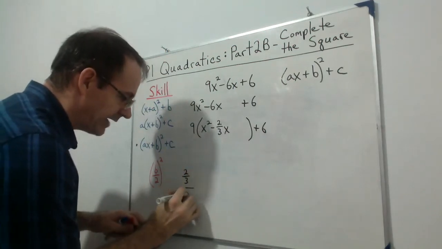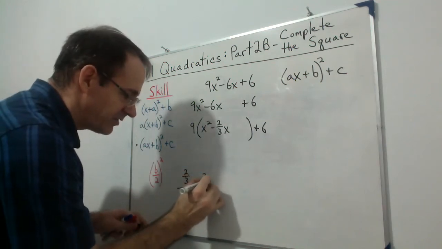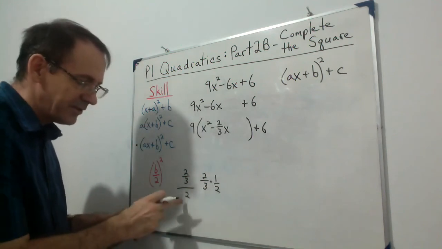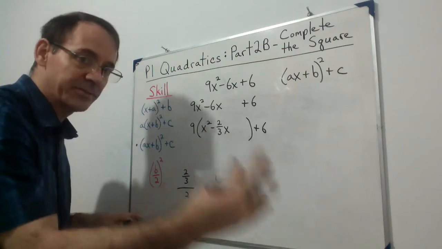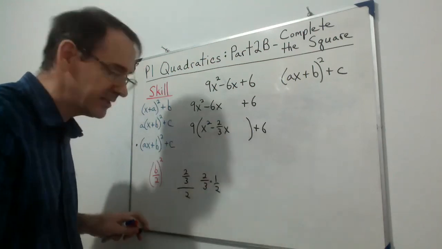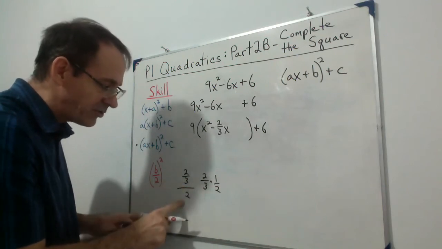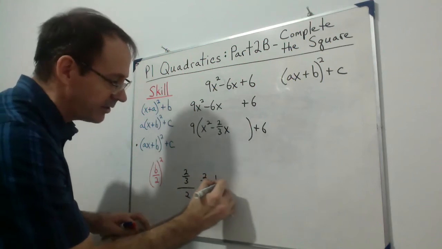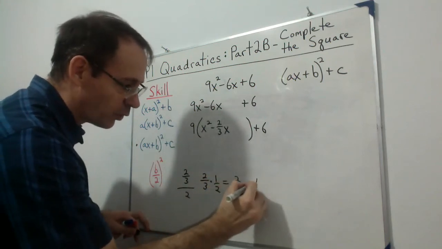We want to divide it by 2. Well, dividing by 2 is the same thing as multiplying by 1/2. Remember, division is the multiplicative inverse. Just like subtraction is the additive inverse, division is a multiplicative inverse. So dividing by 2 is the same thing as multiplying the 2 into the denominator. You get 2/6, which reduces to 1/3.